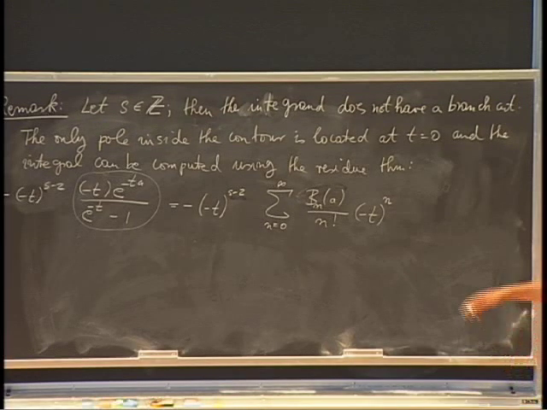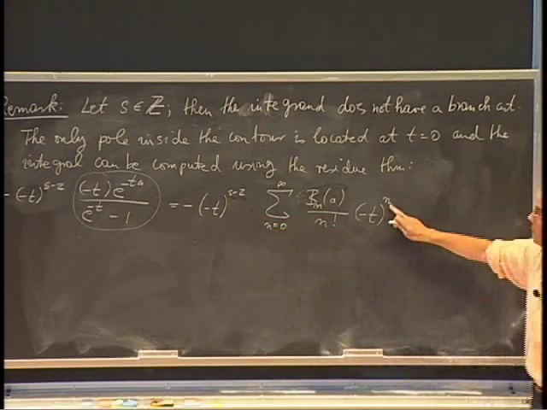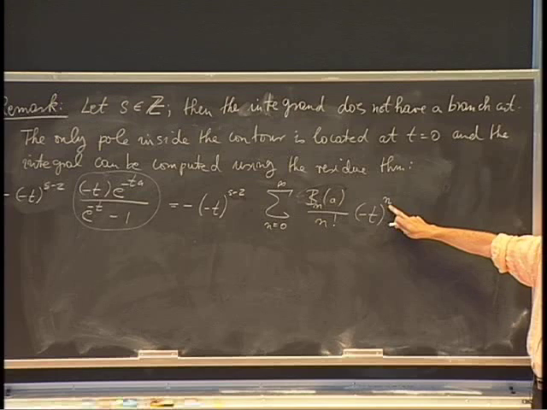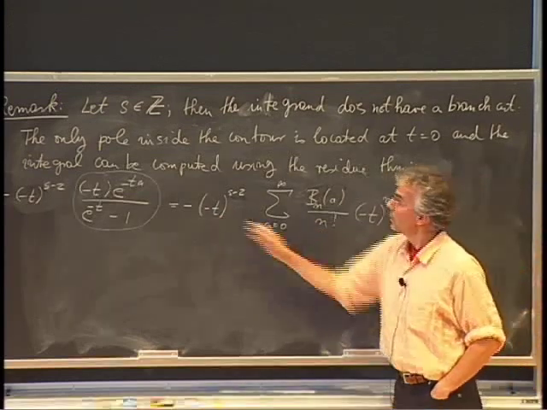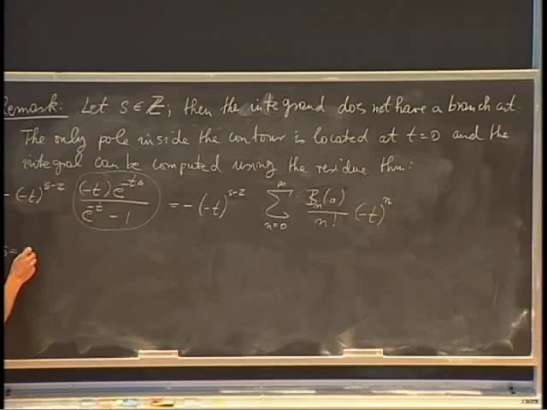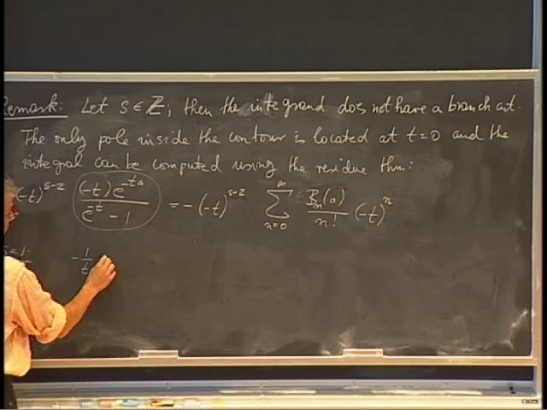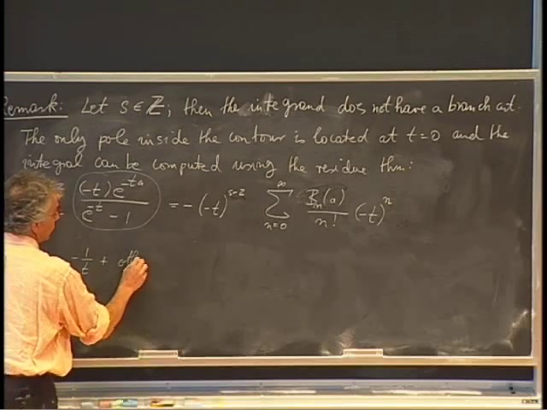The coefficient of the 1 over t term for s equals 1 follows from n equals 0. And so we see that if you put s equals 1, then there is a minus 1 over t plus other powers in t.